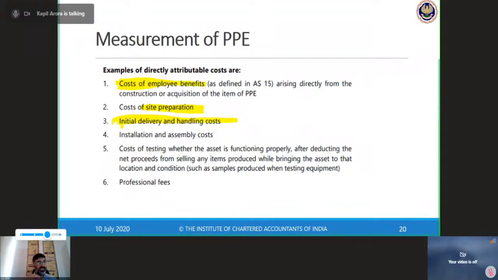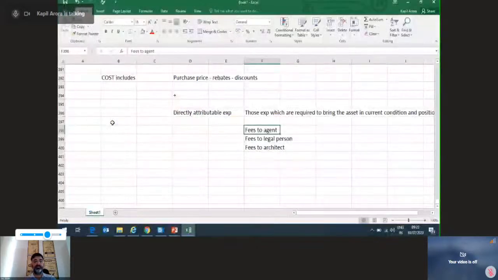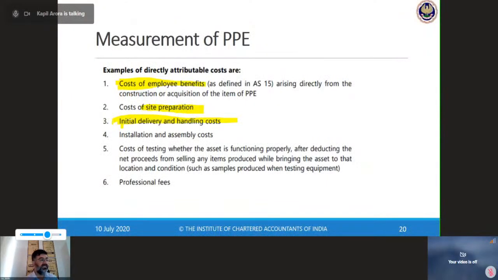Import duties, right? Taxes which are non-refundable in nature. Non-refundable taxes.